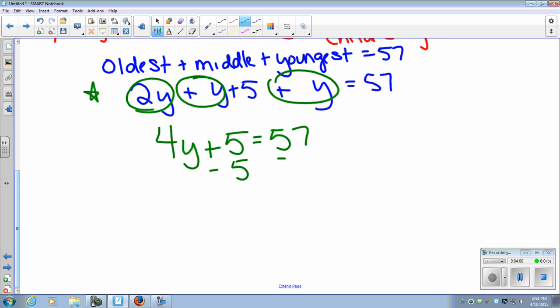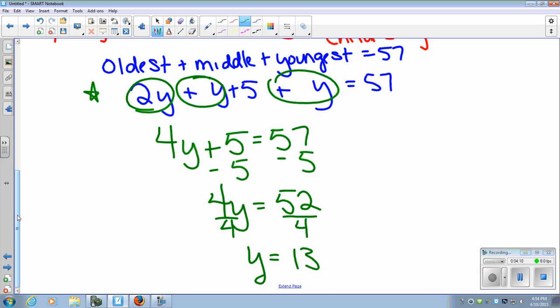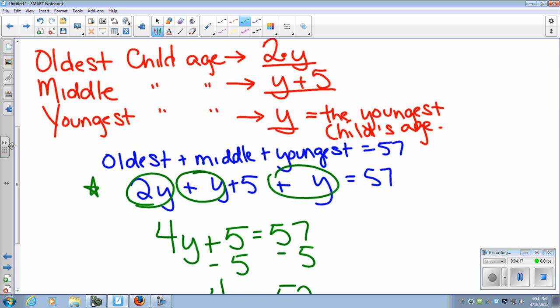Okay, I'd subtract 5 from both sides, and then finally divide both sides by 4 to get y alone. y is 13. Well, that's my algebraic answer, but what does that mean in terms of this problem? That means the youngest child is 13.